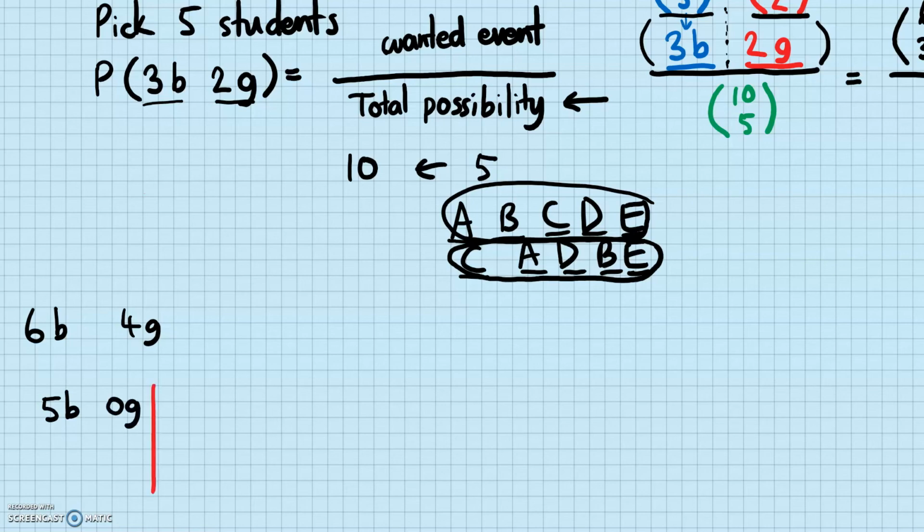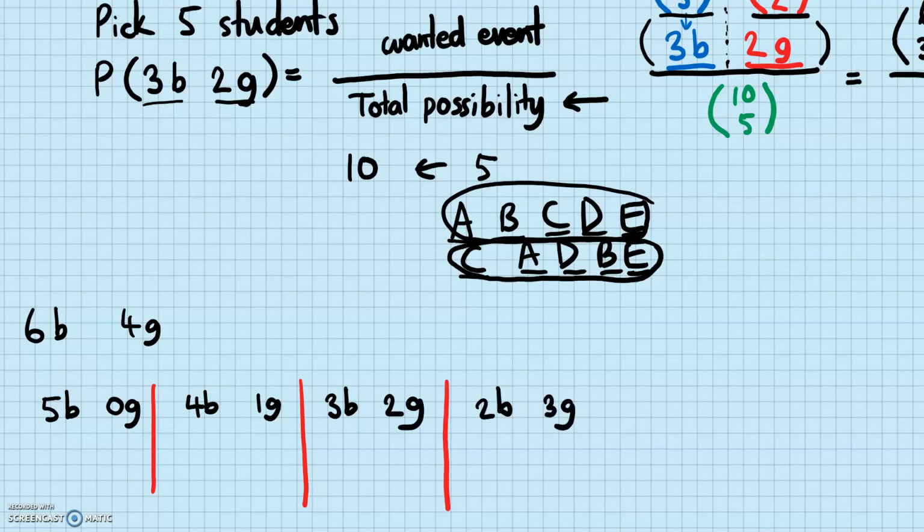That's one of the cases. We can also choose 4 boys and 1 girl. We can also choose 3 boys and 2 girls. We can also choose 2 boys and 3 girls. And we can also choose 1 boy and 4 girls.